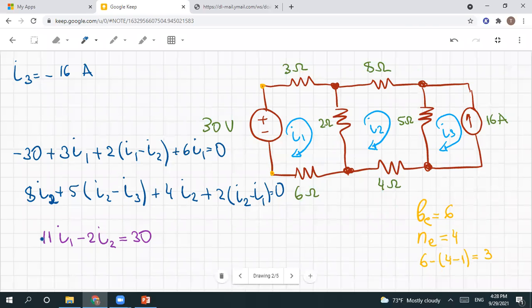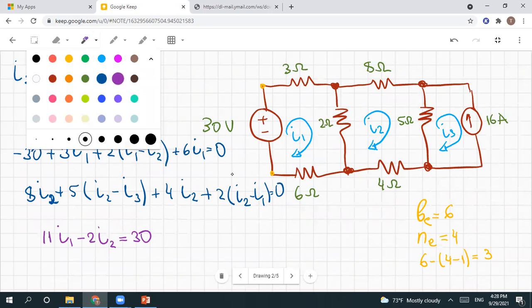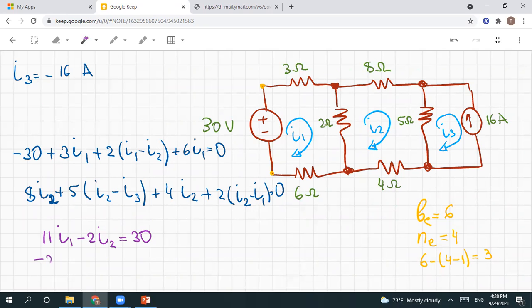Now we need to collect the I1. So I have here only -2I1. You see? So then in the second equation, I have -2I1. And now I will collect the I2. So I have 8I2 plus 5I2, it will be 13, plus 4I2, it will be 17, plus 2I2, it will be 19.